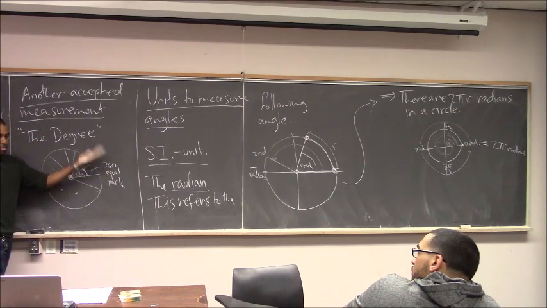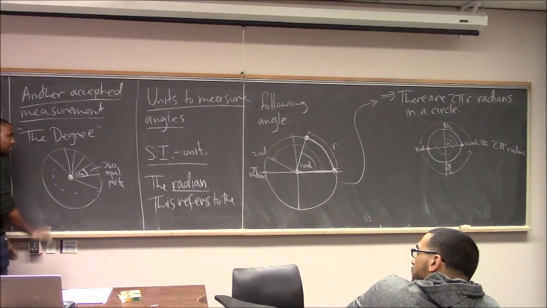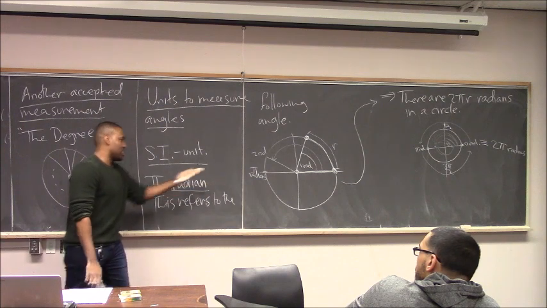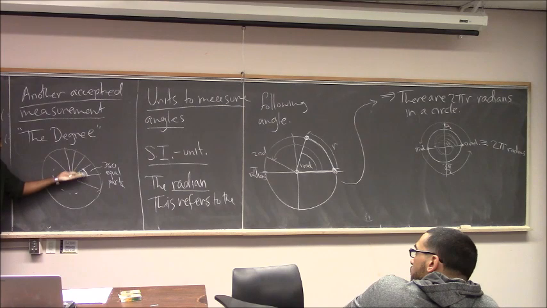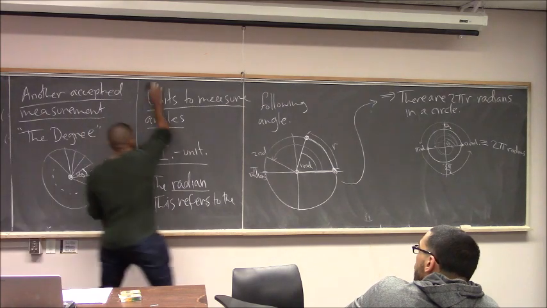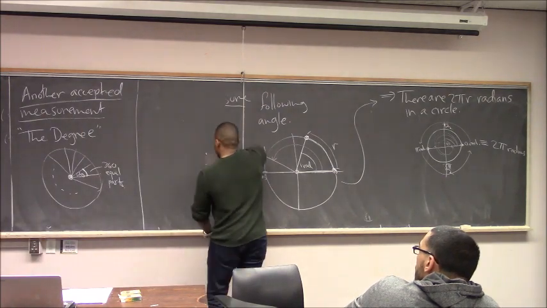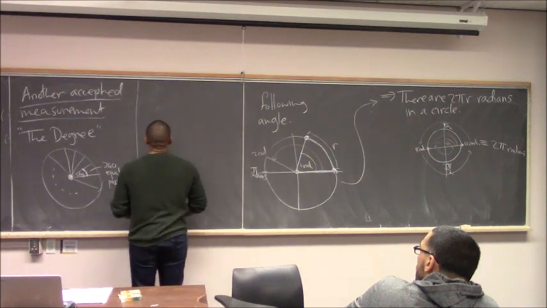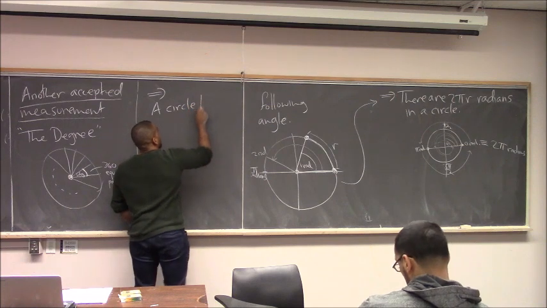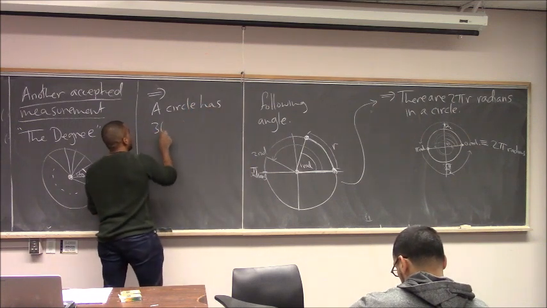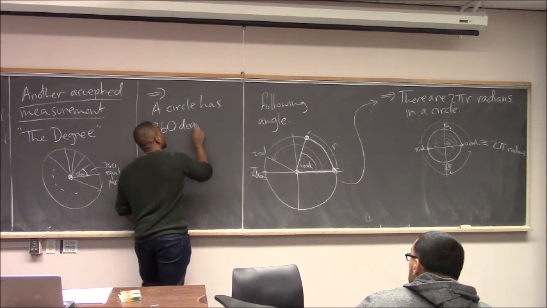So this came up from something with nothing to do with mathematics. It's just like a convention that people did. Hey, it would be pretty cool if we slice this up into 360 pieces, right? And you end up with 1 degree equals the angle that makes one of these pieces. So this means a circle has 360 degrees.